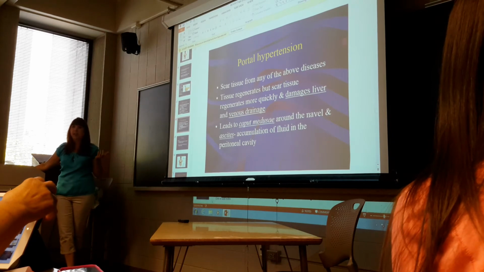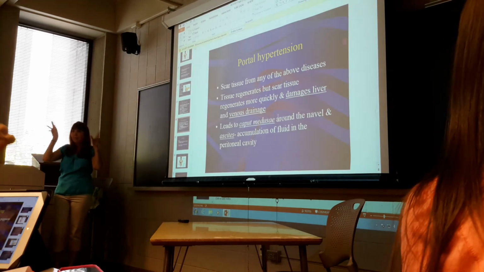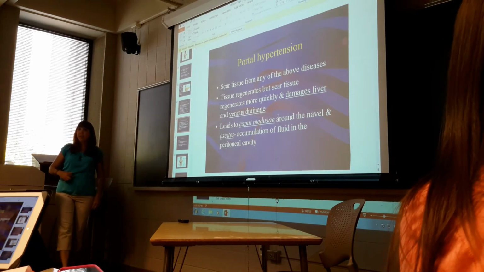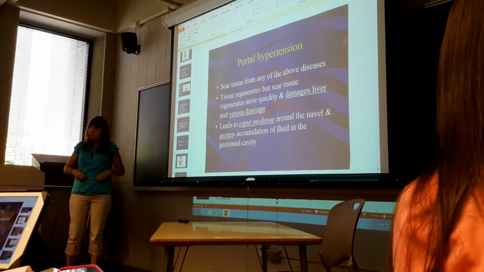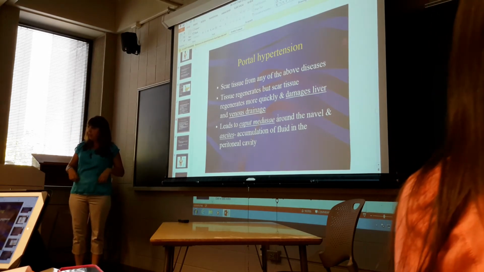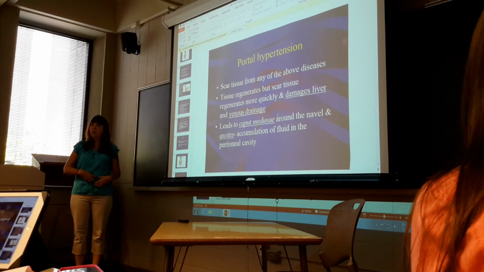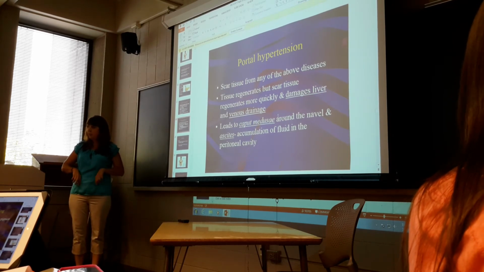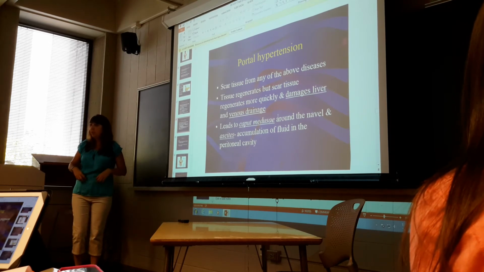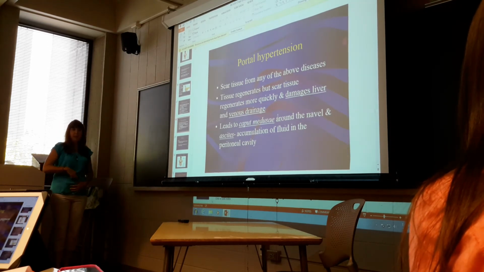What does that sound like? Oh, yeah. Around the navel we get lots of blue vessels, and it looks like Medusa, lots of snakes. That's a sign of portal hypertension, we'll see lots of veiny stuff around the abdomen. It's very noticeable around the belly button.